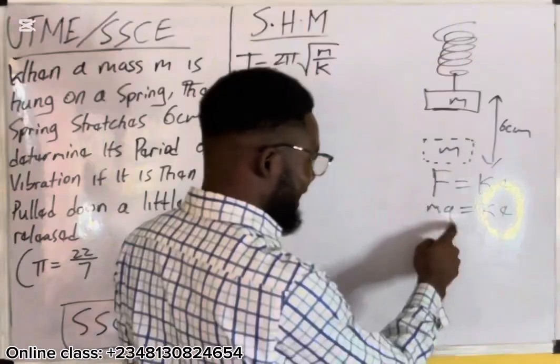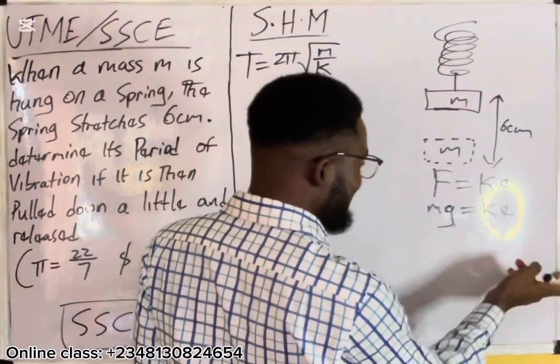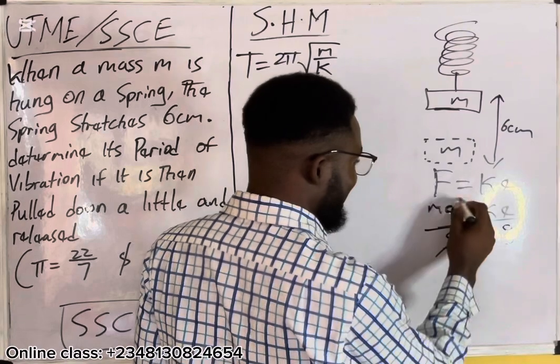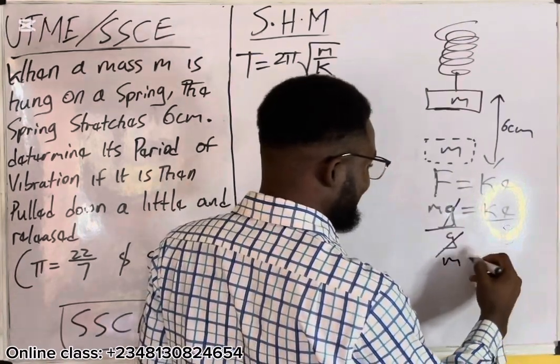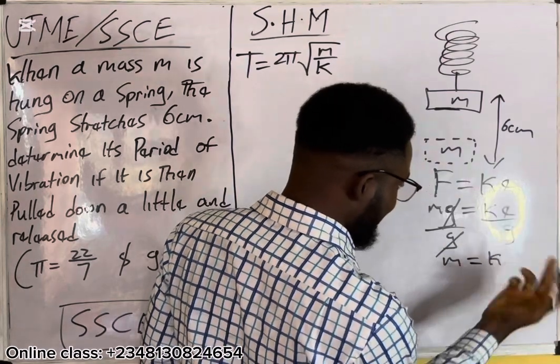From here, I can say divide both sides by G. If I divide here by G, and here by G, G cancels out G, I have M equals Ke over G, isn't it?